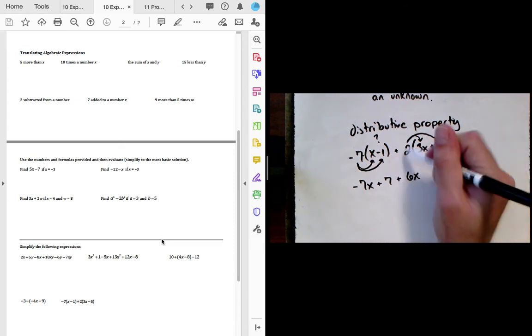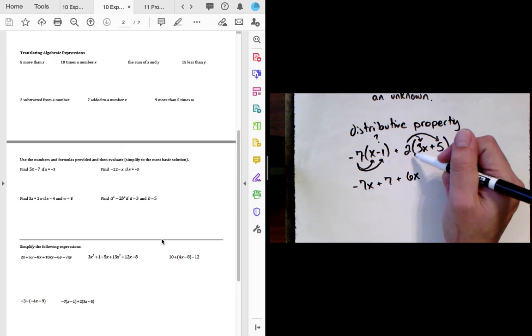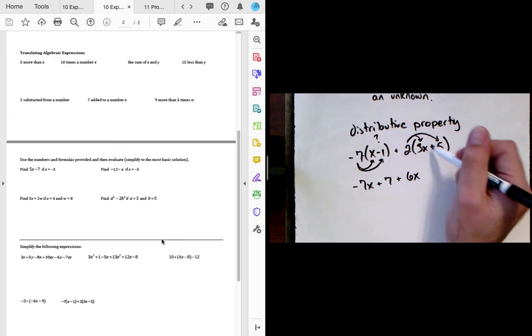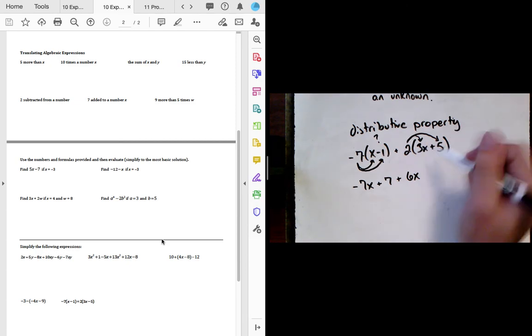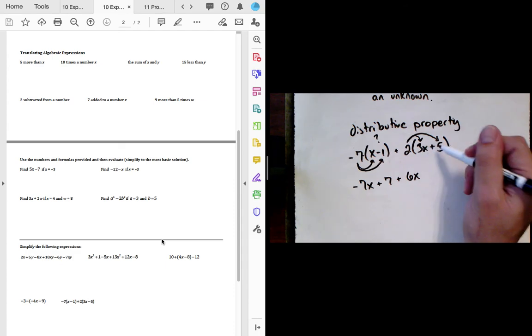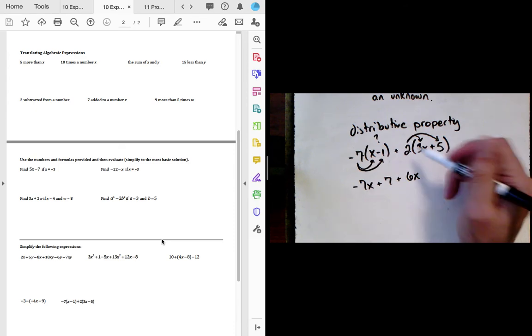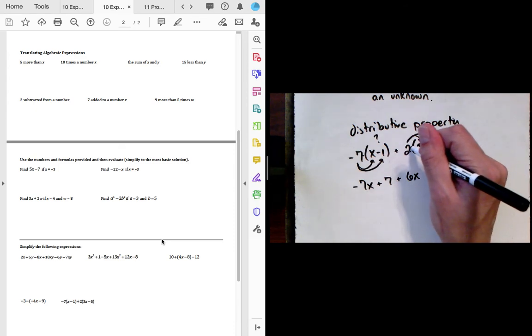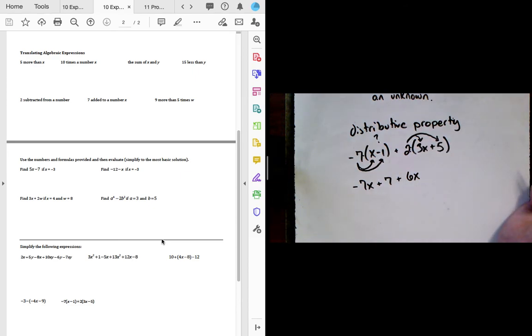This also brings up an important point. We talked about combining like terms. When can we combine terms? So notice inside here, we can't combine these because this term has an x and this term does not have an x. But these terms are being added and subtracted to one another. That's when we have to be careful about like terms. When we're multiplying, which is what we're doing here in the distributive property, that rule of like terms doesn't matter anymore.